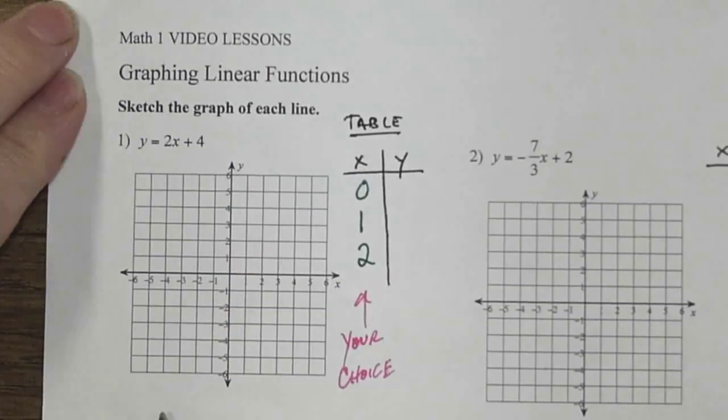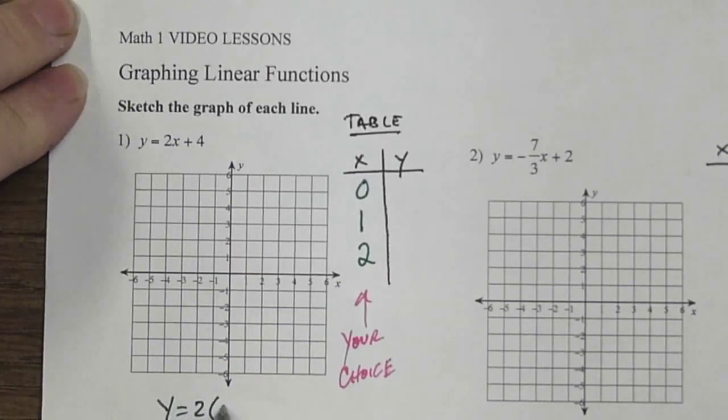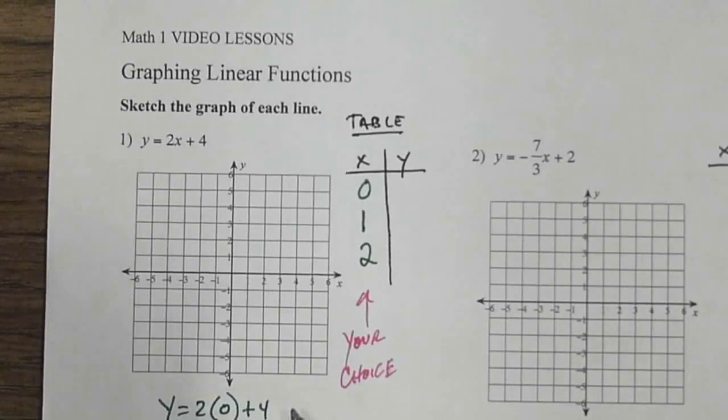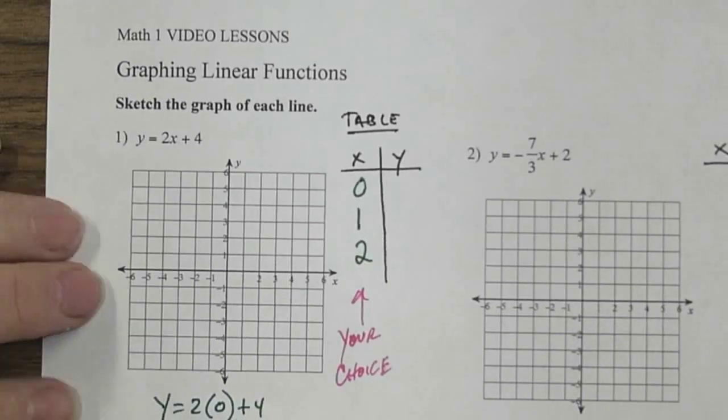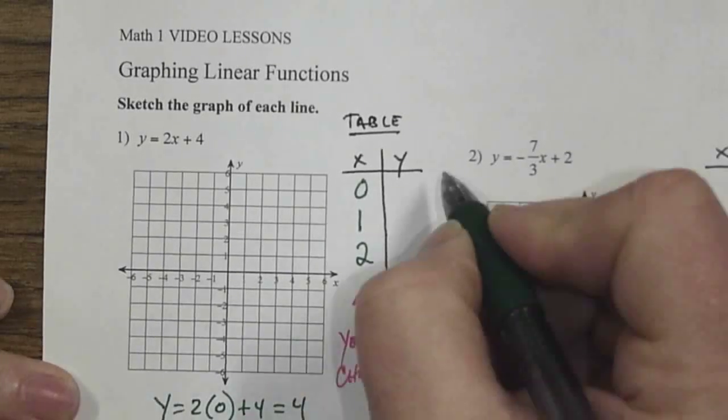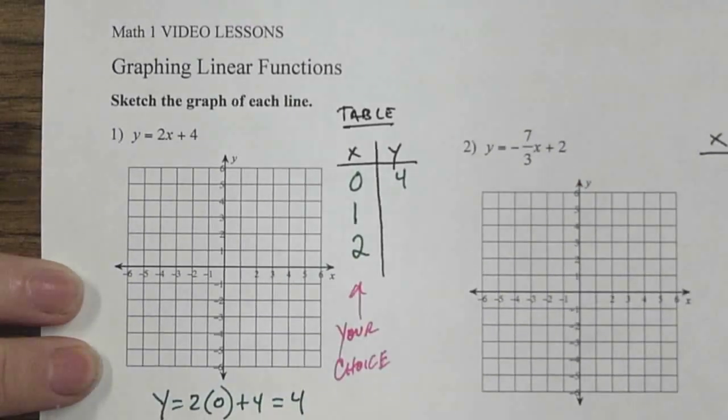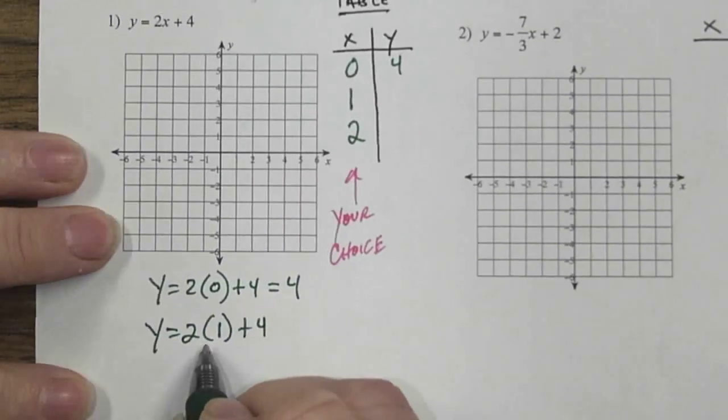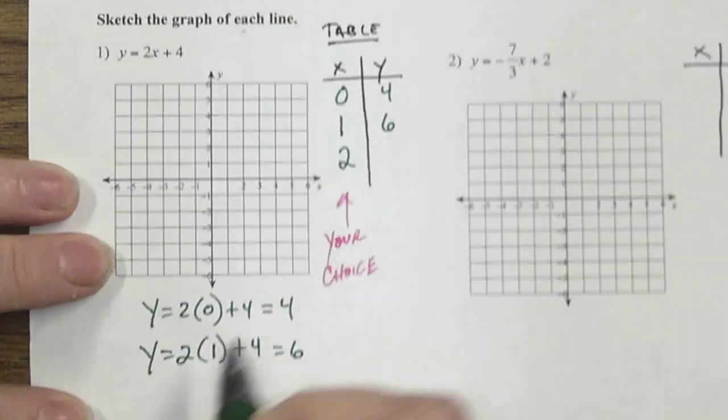So watch. Y equals 2 times 0 plus 4. What is 2 times 0? 2 times 0 is 0, so that means we get 4. Y equals 2 times the next number, 1, plus 4. What's 2 times 1? 2 plus 4, that's 6.